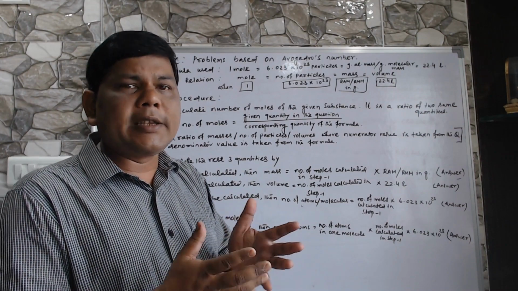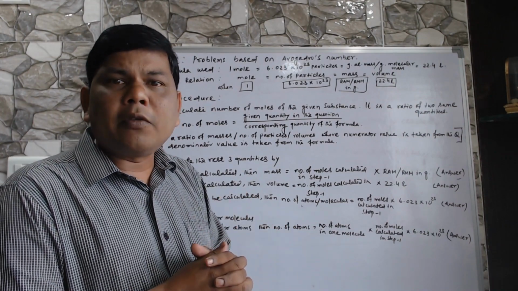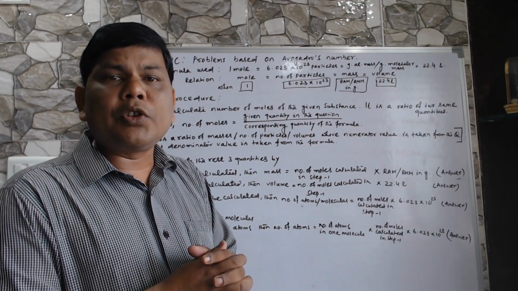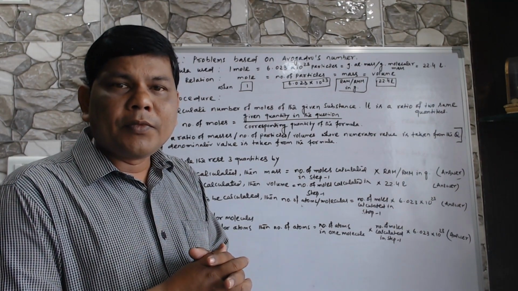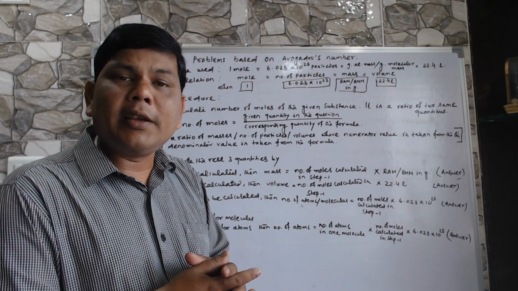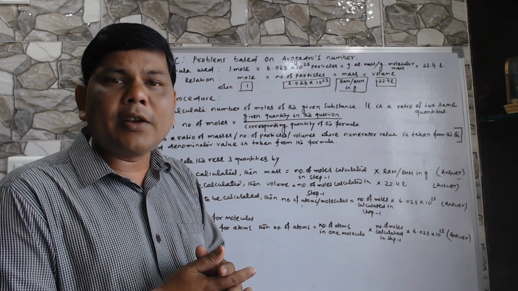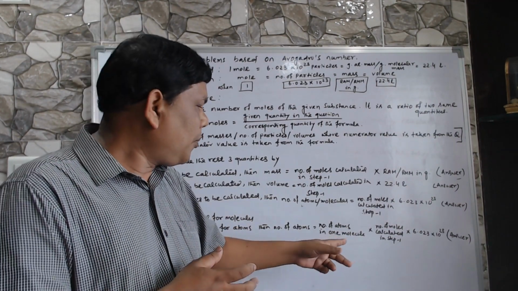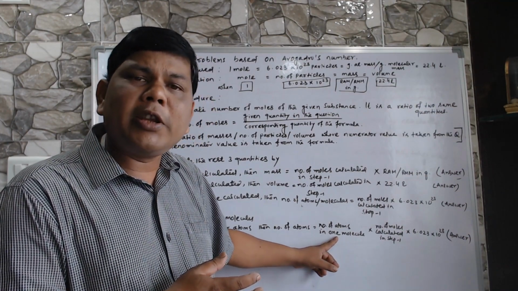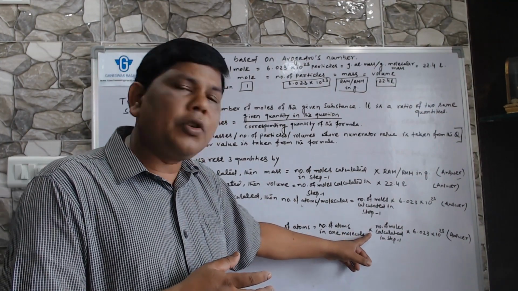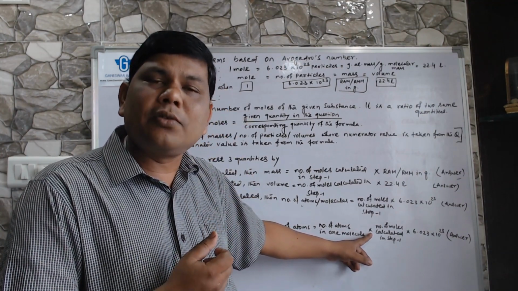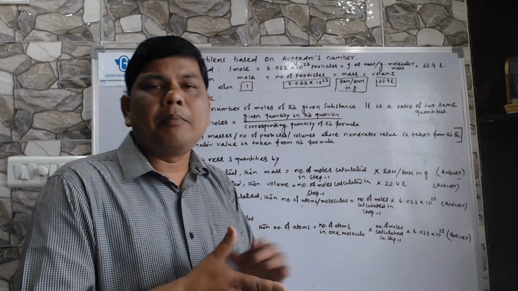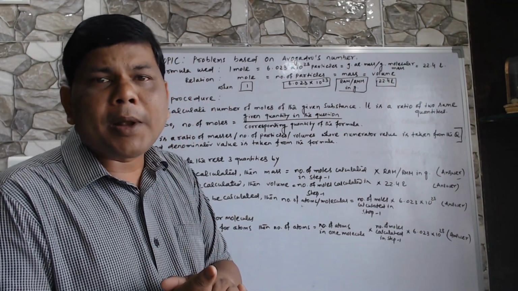Suppose it is said: calculate the number of atoms in 2 moles of ammonia. The total number of atoms in ammonia is 4, 3 hydrogen and 1 nitrogen. So the number of atoms in one molecule of ammonia is 4, into the number of moles given in the question, which is 2, into Avogadro number. This gives you the number of atoms.